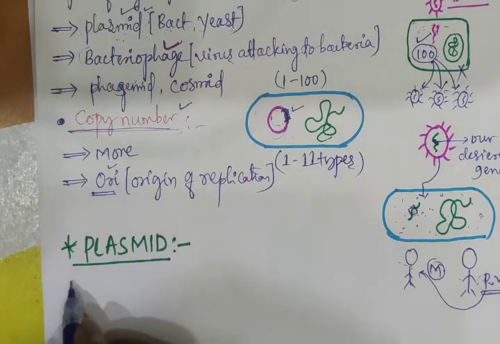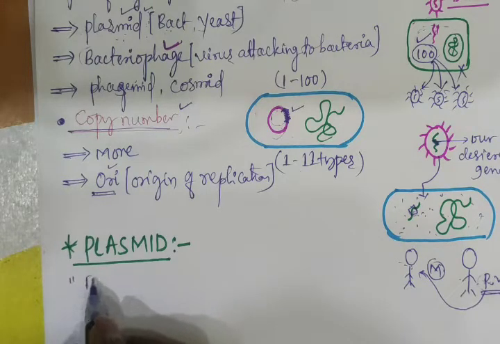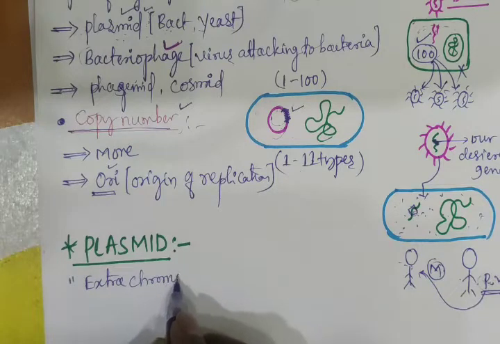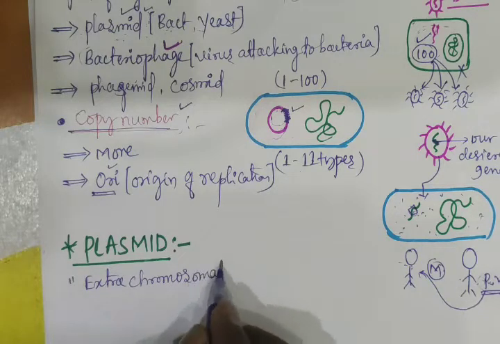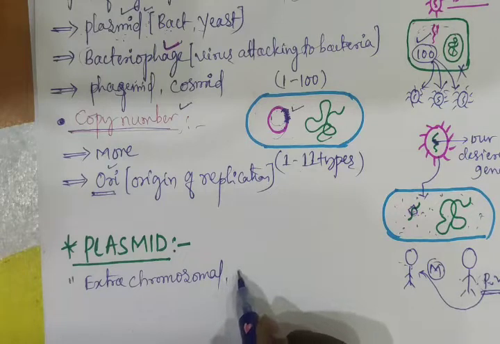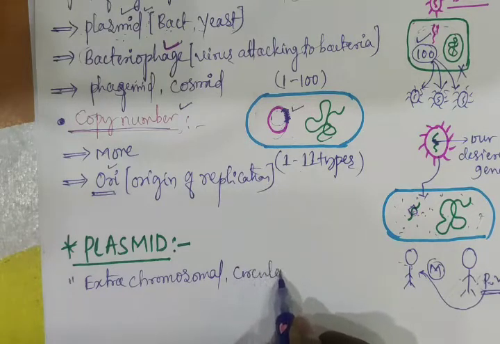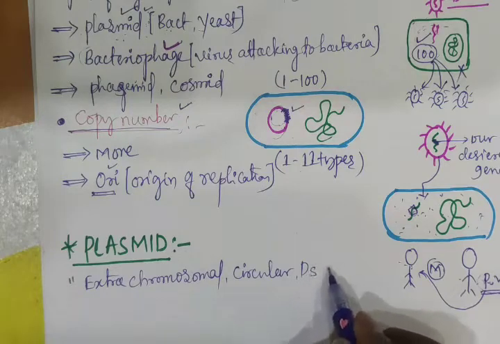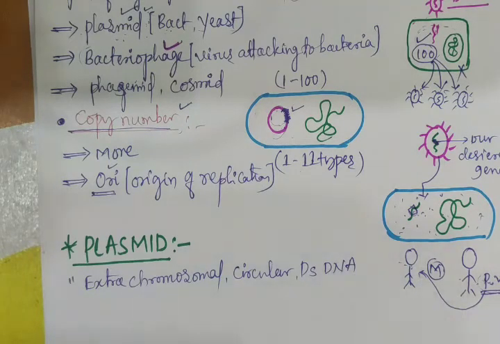So here plasmid is extra chromosomal circular double stranded DNA, present in either bacteria or yeast.